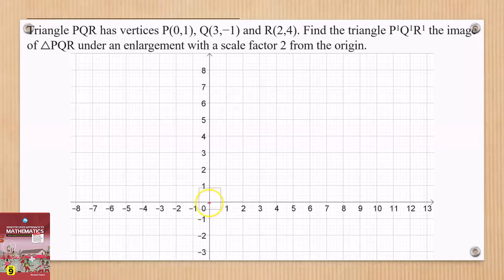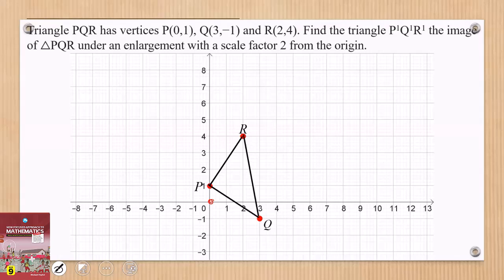So here we are going to do the work from the origin O. Let's plot the points P, Q, and R. P is (0, 1): X is 0, Y is 1, so we have our P here. Then Q (3, -1): X is 3, Y is -1. Then R (2, 4): 2 for X and 4 for Y. When we join these three points together, we create a triangle.